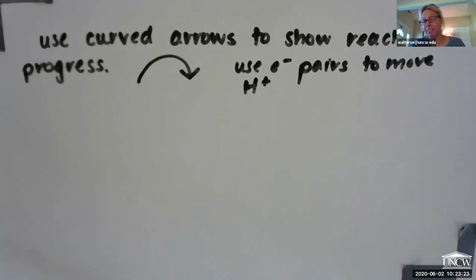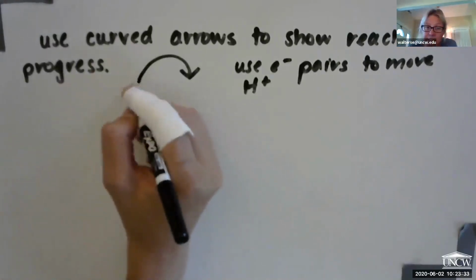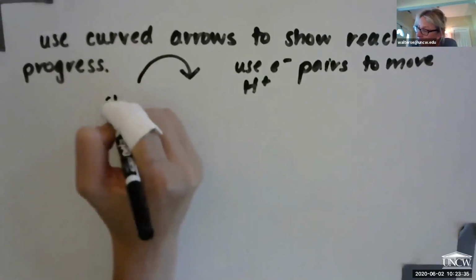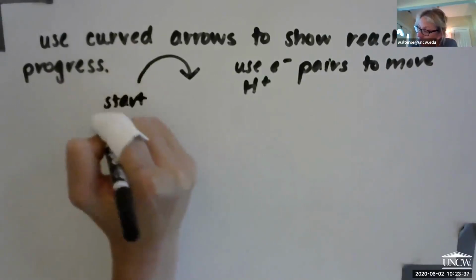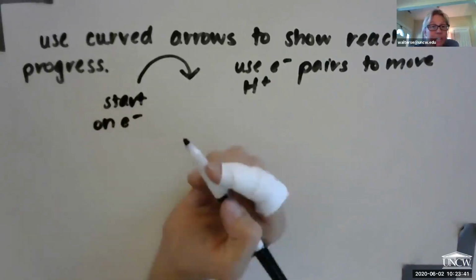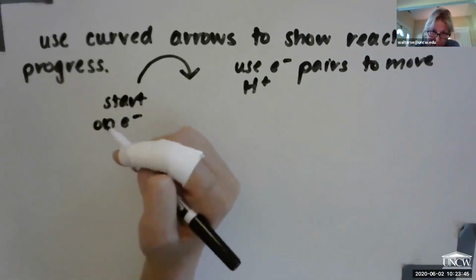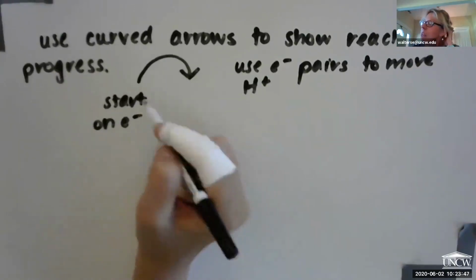The reaction proceeds when the base pulls the proton off of the acid. When you use your curved arrows, the tail of the arrow has to start on electrons, always. They can be lone pairs of electrons, they can be pi bonded electrons, they cannot be sigma bonded electrons quite yet.